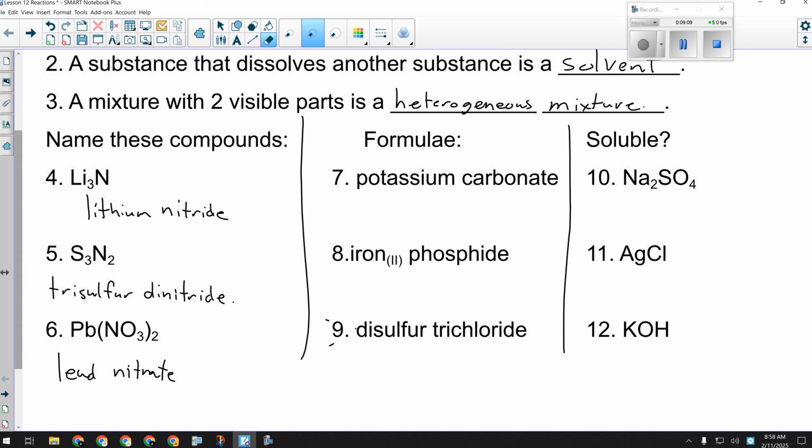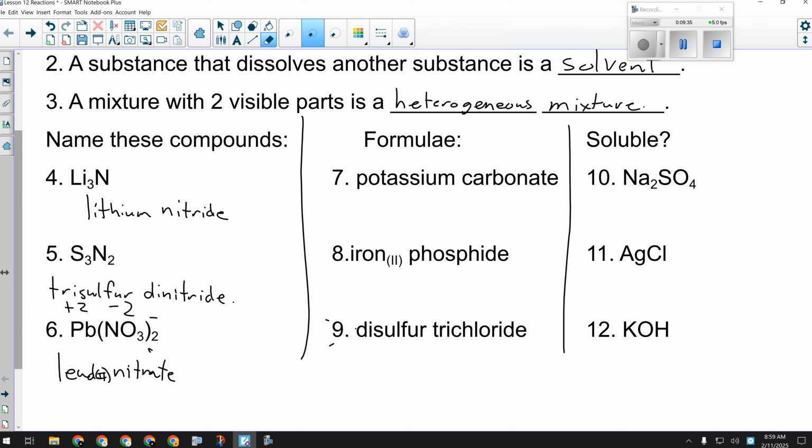I need the Roman numeral, yeah. So what I do is I look at nitrate. Nitrate is a -1, and there are how many? 2 nitrates, so I've got a total of 2 negative charges. So I've got to get 2 positive charges from 1 lead. So this lead has a charge of 2. Lead, Roman numeral 2, nitrate for that.